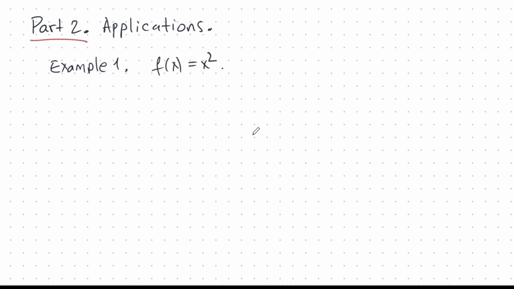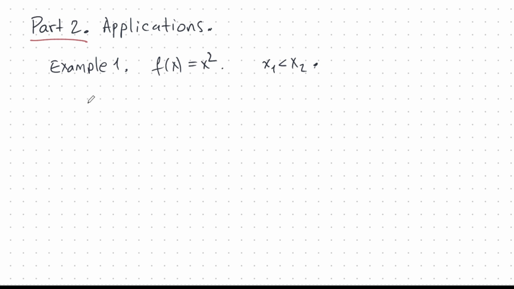Let's take f of x as x squared. That's a convex function. The domain can be anywhere, with x1 and x2 simply anywhere on the real line, and this function is convex everywhere.